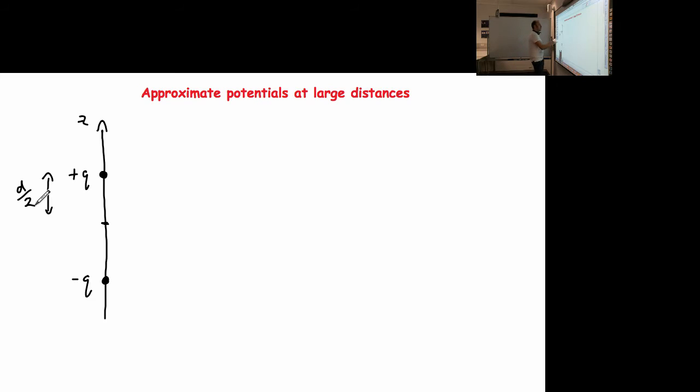So now let's say we want to determine the potential at some point P. Remember, P is our point of observation. Since P is our point of observation, our vector from the origin, which is at the midpoint between the two charges, to that point is given by r.